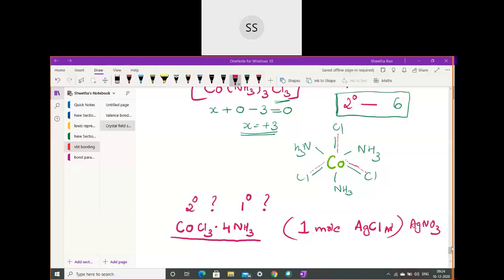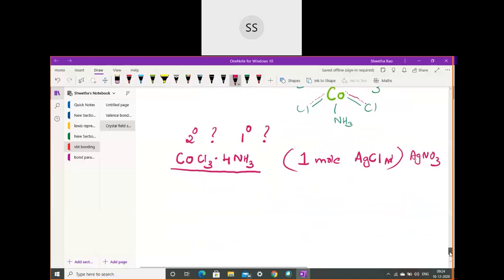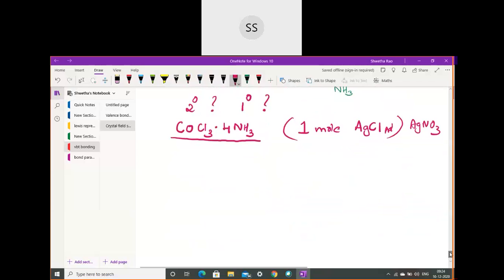Yes, very good. So primary valency over here and the secondary valencies, only a few are usually answering.